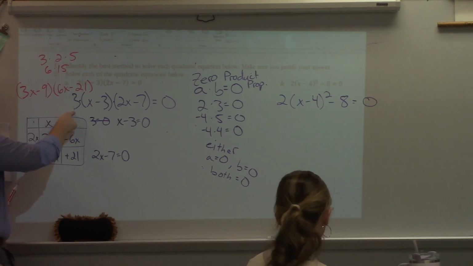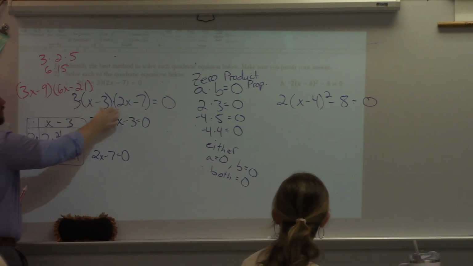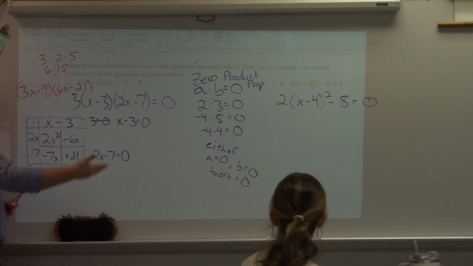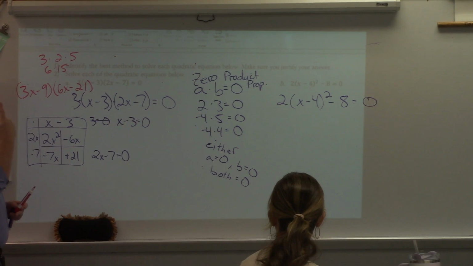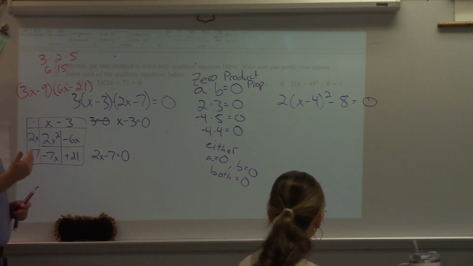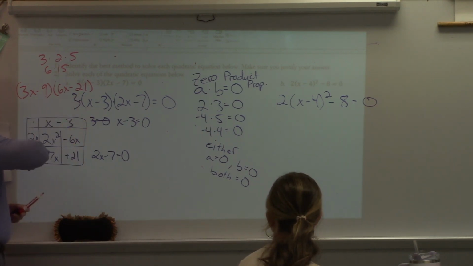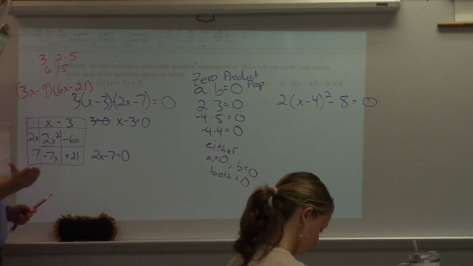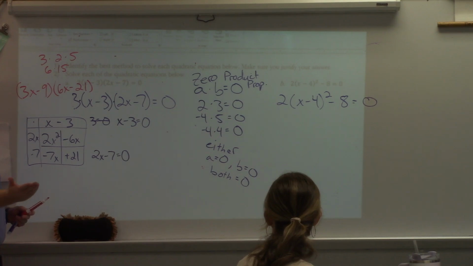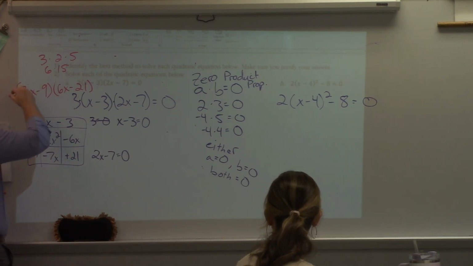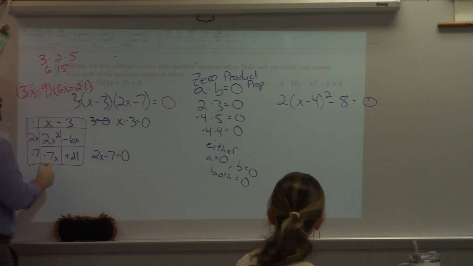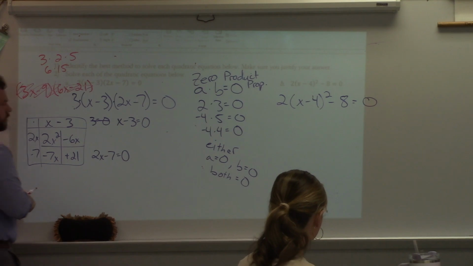I only have one 3, so it should only be multiplied to one of them. Which is why I always convert to standard form first in the industry, but we didn't have to do that at all, right? 3 does not equal 0, so that's obviously not a part of the zero product property. X minus 3 can equal 0. 2x minus 7 can equal 0, but be aware we don't distribute that 3 to both. It would only be to one of them, but we don't have to do that.